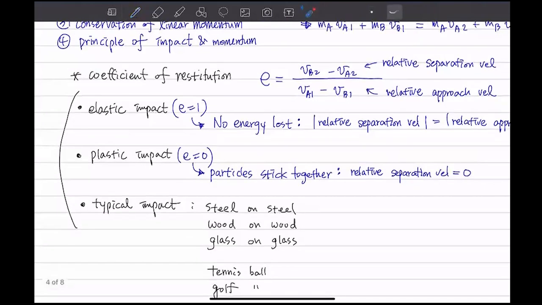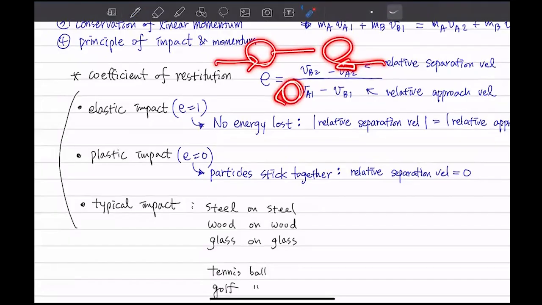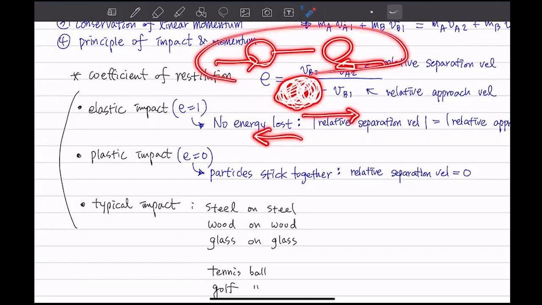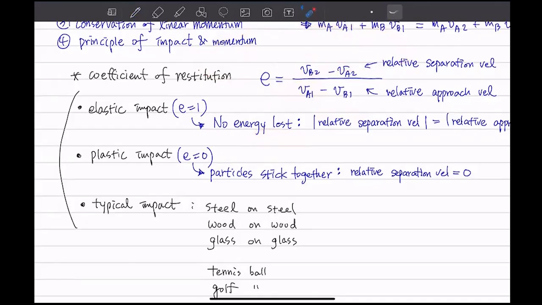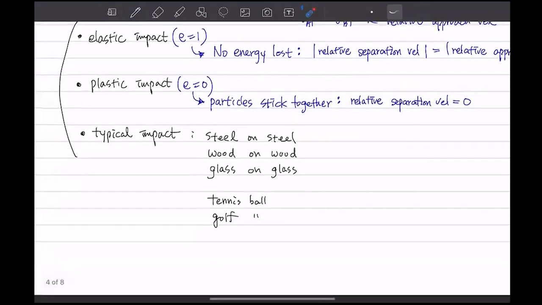Because you can think about it, these two are coming toward each other, and once they collide, they become a single particle. They stick to each other and move to the left or right, depending on the situation. There's no relative velocity between those two because they're the same single particle. So that is the plastic impact: particles stick together and there's no separation at all.